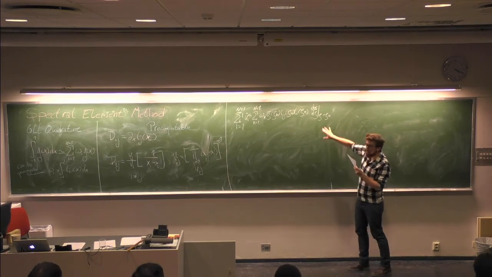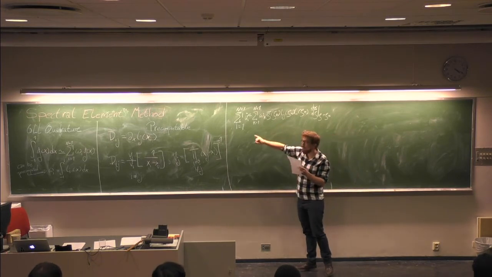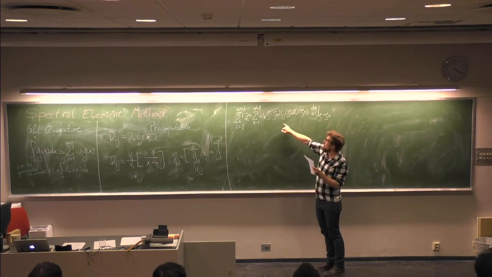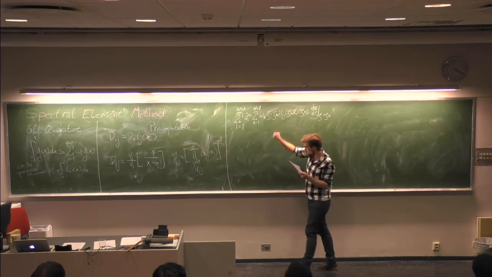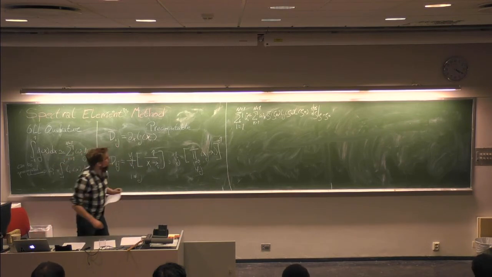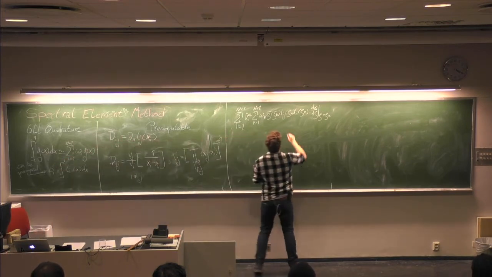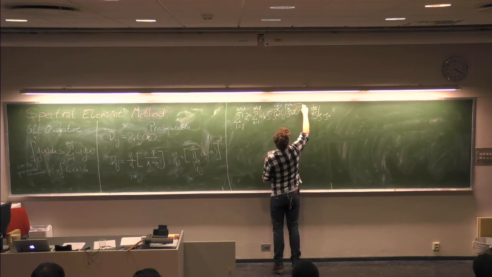Now if you compare this with the previous form, you see that we have replaced the integral with the sum. And all of these are just points, so these are the GLL points. I should probably write that up, because that comes into play later.